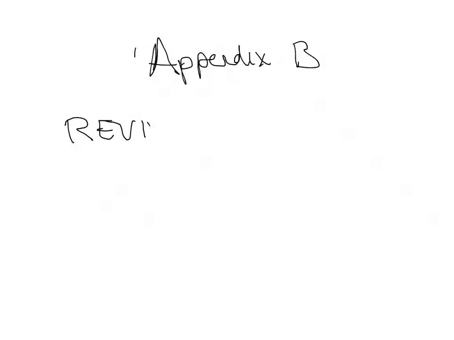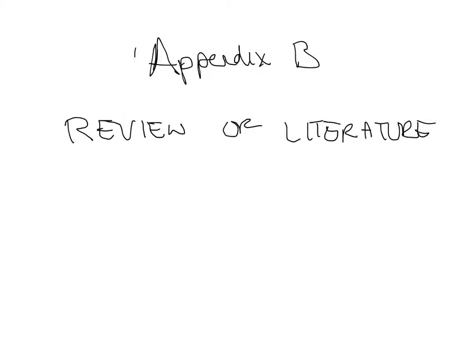Your paper is going to say centered Appendix B, and then double space, and then Review of Literature, and that should be all in caps. Notice Appendix B is not, and none of this is in bold. And that's going to be the first 2 lines. You do not put the title of your paper on your review of lit.